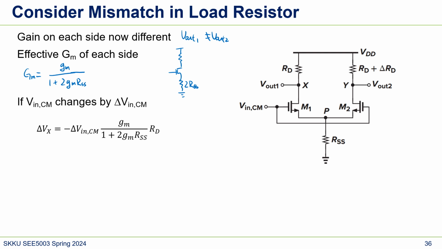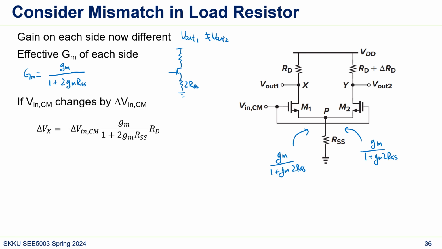It means that on this side, the GM is GM1 over 1 plus 2 GM1 RSS. But in this case, we say that the GM is the same. And this side is also GM over 1 plus 2 GM RSS.